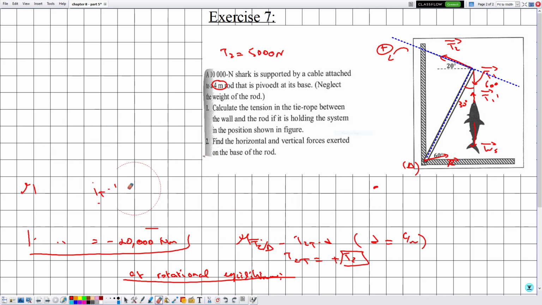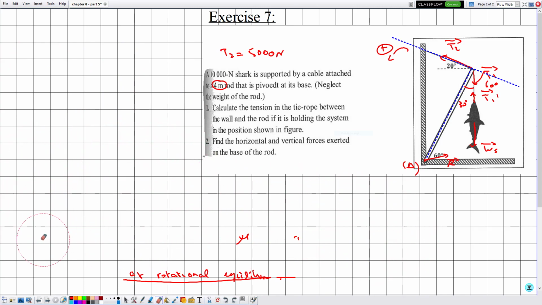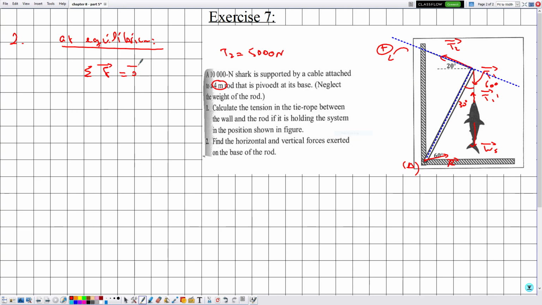Now we are ready to find the horizontal and the vertical forces on the base rod. So number 2, for sure here we need to apply the translational equilibrium. Sum of forces is equal to 0 vector.